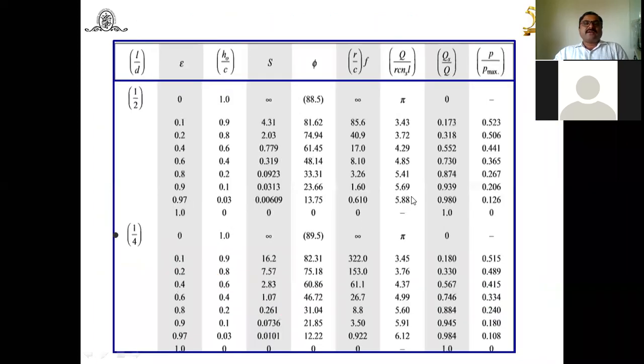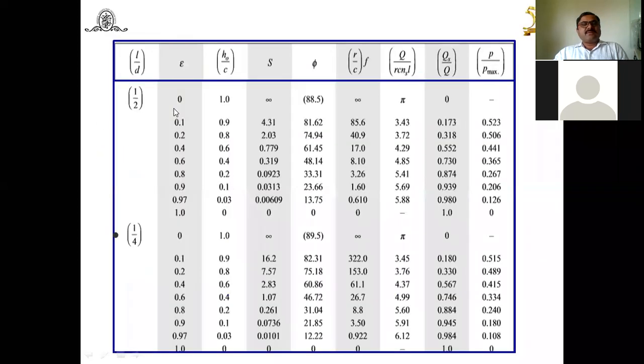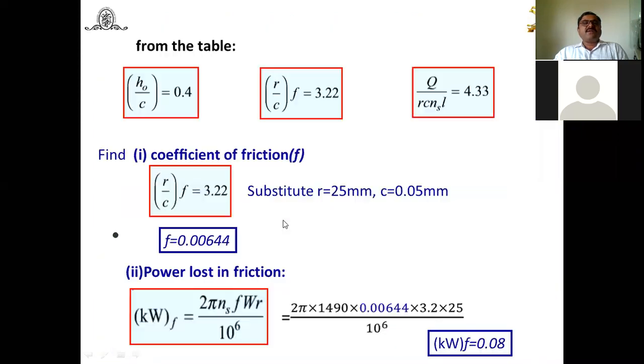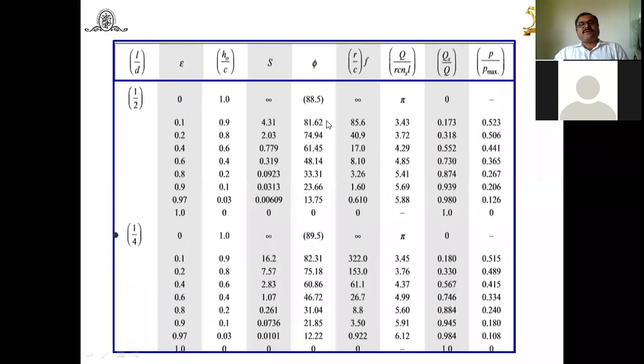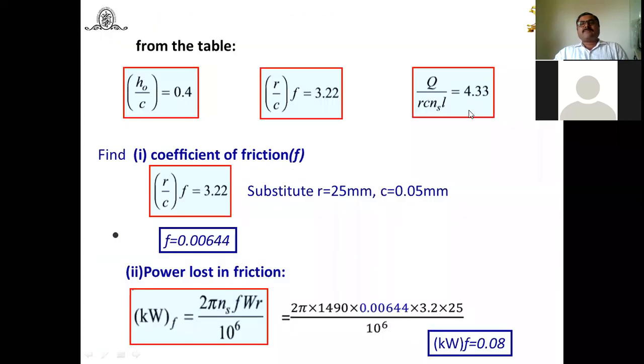After noting them down, come to this. From the table, I have noted H0 by C equal to 0.4. Look at this, it is 0.4 for L by D equal to 1 and S equal to 0.121. Similarly, you have to note down all the variables: H0 by C 0.4, R by C into f 3.22, and Q by R C N L 4.33.